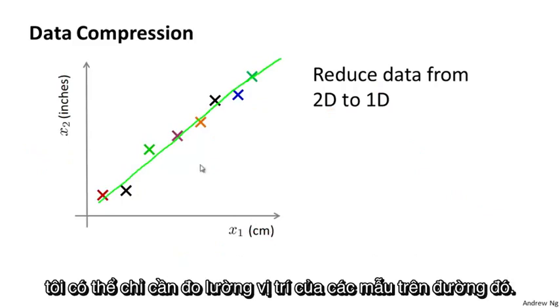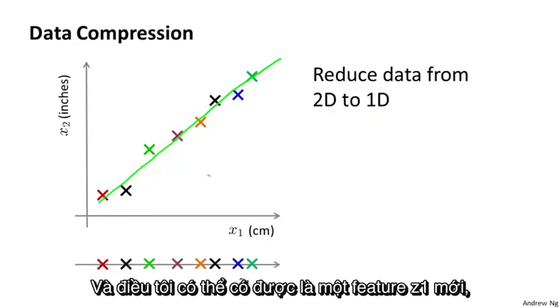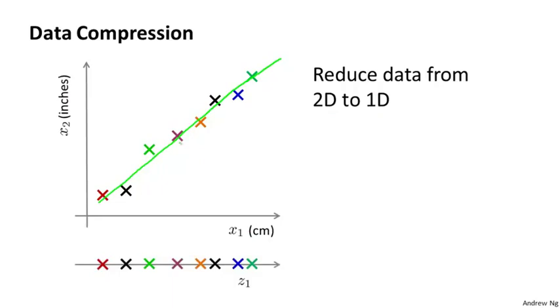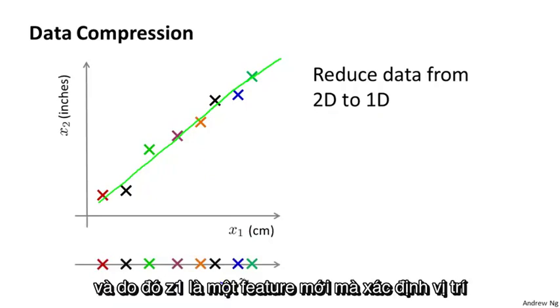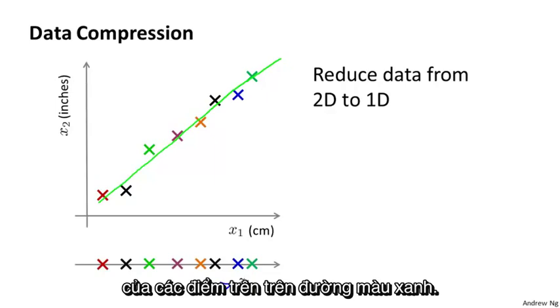By doing so, I can just measure the position of each of the examples on that line and come up with a new feature, z1. To specify the position on the line, I need only one number. So z1 is a new feature that specifies the location of each of those points on this green line.